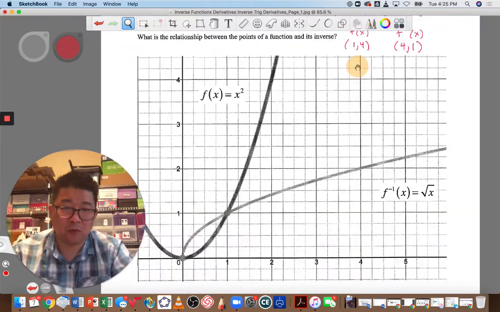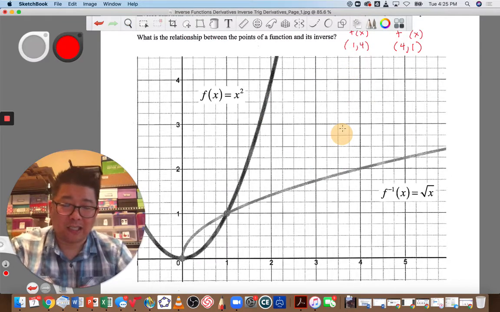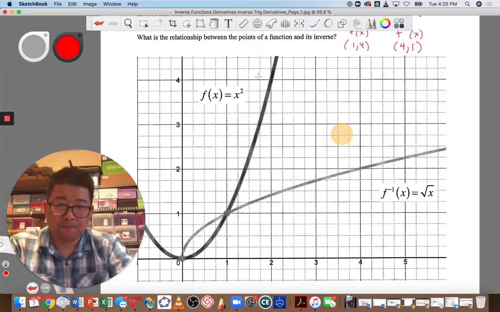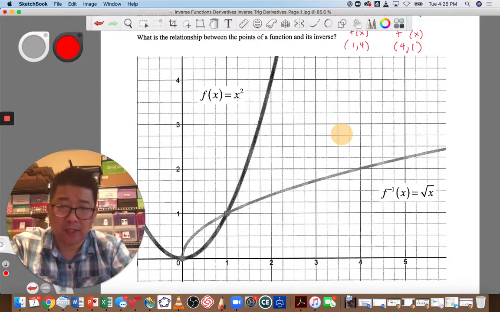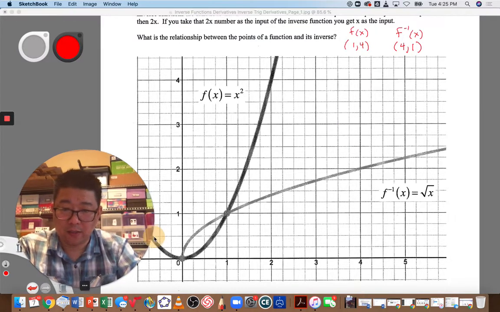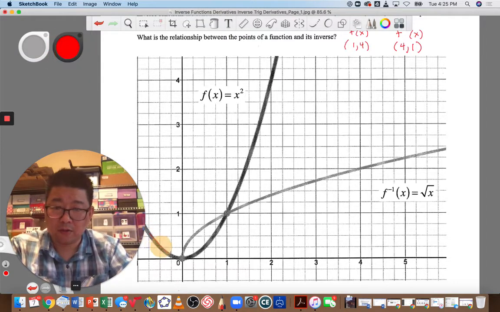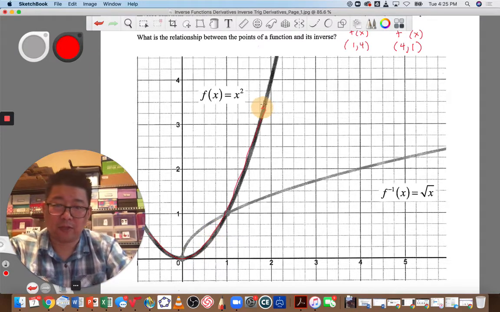So we're going to take a look at one inverse function, and hopefully from here we'll be able to see what the derivatives will be. So let's say we take a look at x squared. Okay, so here's this function x squared. It kind of looks like this all the way. So there's my x squared function.